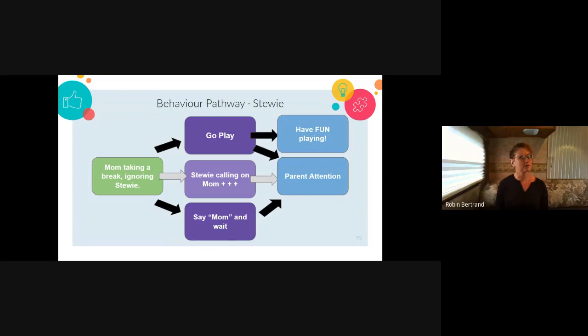But Stewie also needs to learn to go away or to go find something to play with when his mom gives a signal that that attention is not available in the moment. So, for example, if Stewie approached Lois and said, "Mom," and she was on the phone or watching something important or trying to have a rest like she was in our video clip, Lois might hold her finger up to say, "Wait," or use a gesture to say go away, like a point.